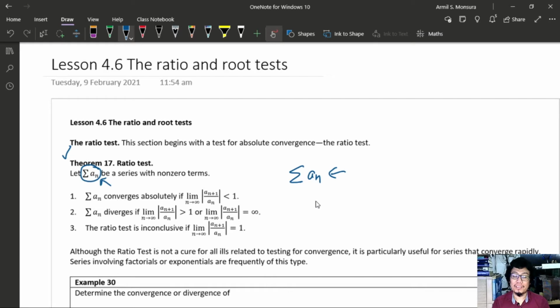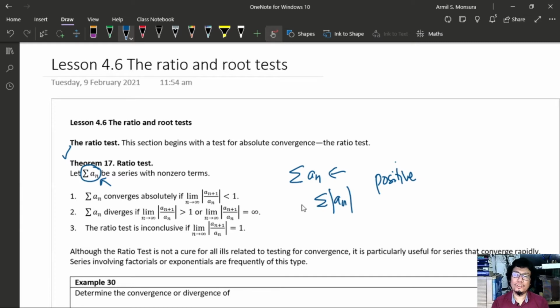There are theorems that explicitly state that the series should be a positive series. If it doesn't state that, then it pertains to any general series.